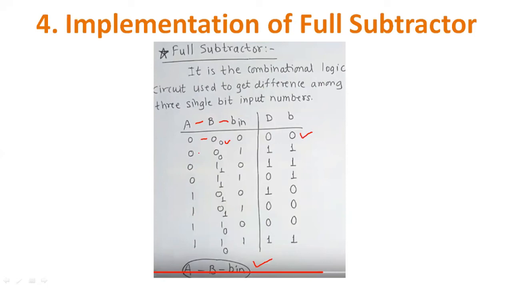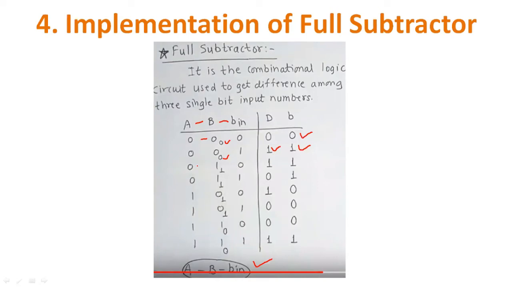Then 0 minus 0, the output is 0 here, and 0 minus 1, the difference will be 1 and borrow will be generated. So for this combination, the difference and borrow are both 1 1.